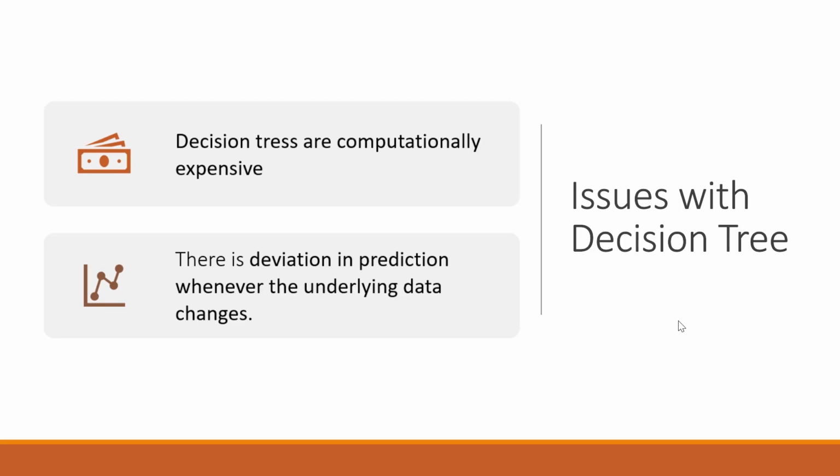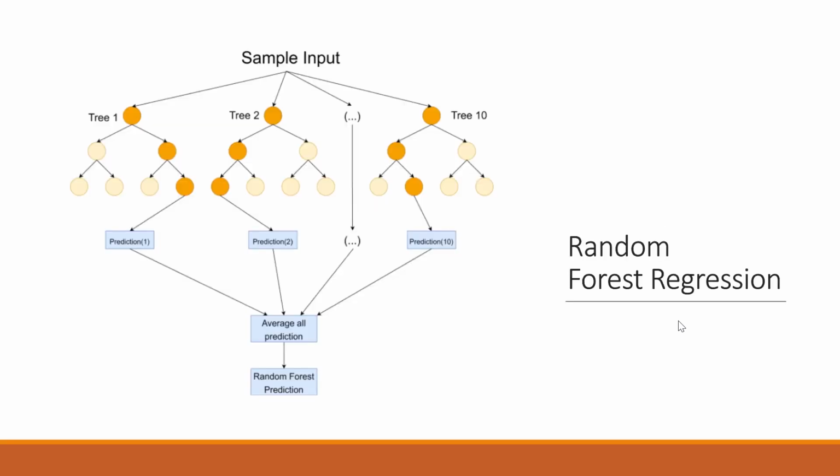So random forest helps to overcome these issues of the decision tree algorithm. It is a supervised machine learning technique that makes use of ensemble learning, and it can be utilized for both regression as well as classification. So it includes the use of multiple decision trees and combines the result of each decision tree to determine the final output, and this output can be in terms of classification or regression. So in the case of random forest regression, the result will be in terms of regression only.